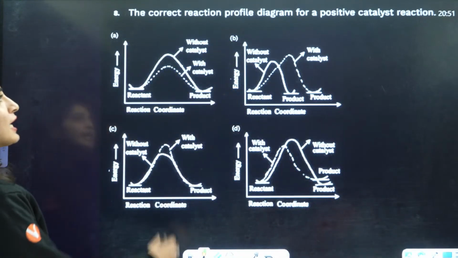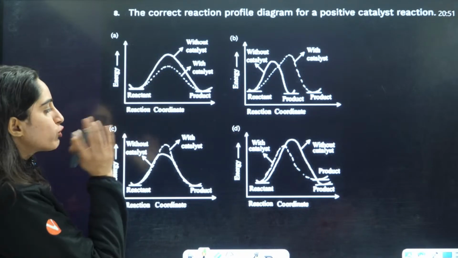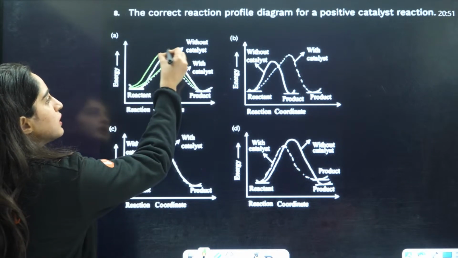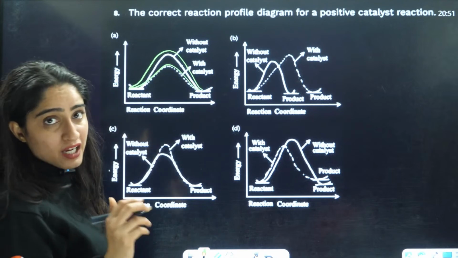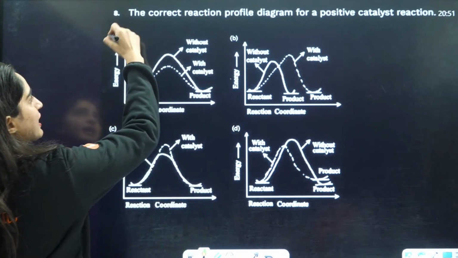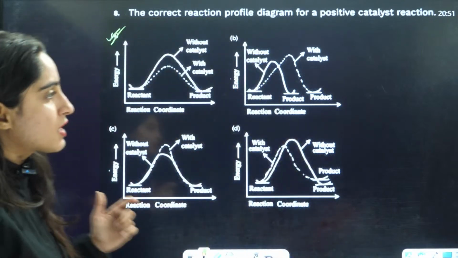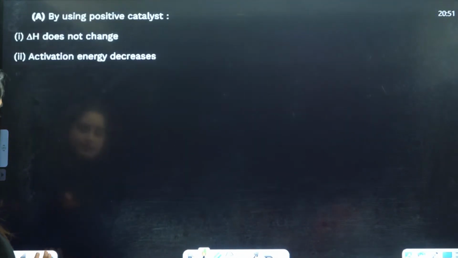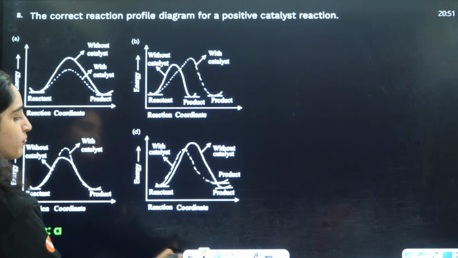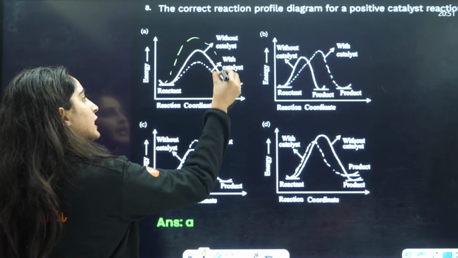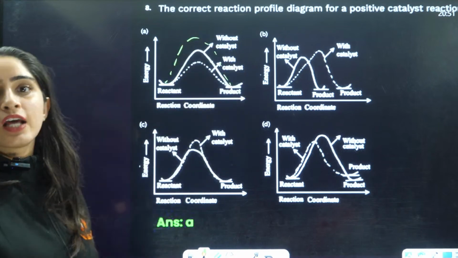So here I need to decrease the barrier. With catalyst, the barrier should decrease. Without catalyst, the barrier should be more. So the answer will be A, the correct diagram for the positive catalyst. For a negative catalyst, it should be like this. For a negative catalyst, the barrier will be higher.